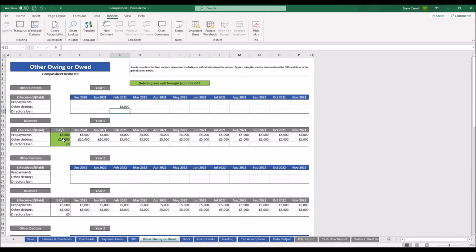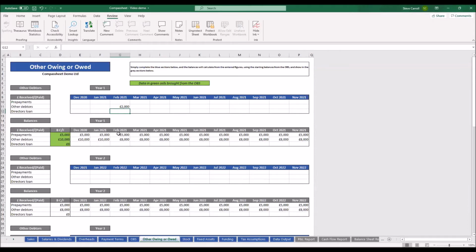So we see the balance here was £10,000. We get paid back £5,000 in the third month, so the balance owing to us now is £5,000. If they paid us back £2,000, the amount owing to us was £8,000. So they owed us 10, they've paid back 2, the balance is 8.